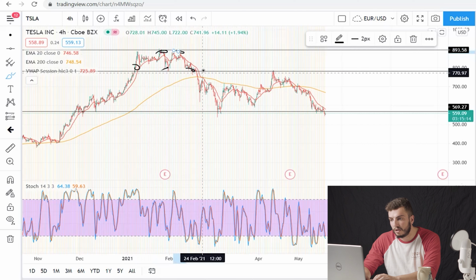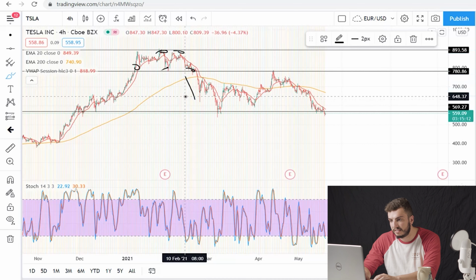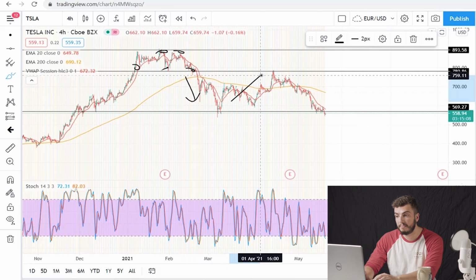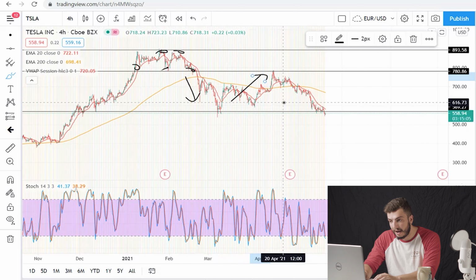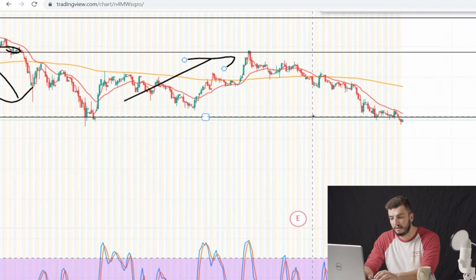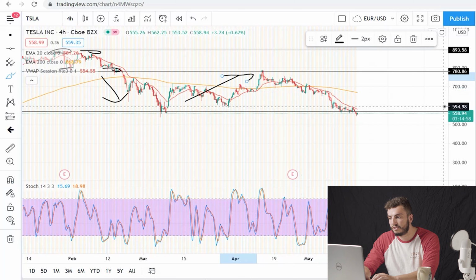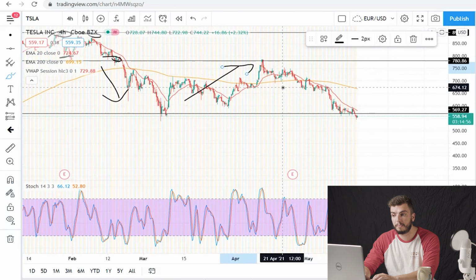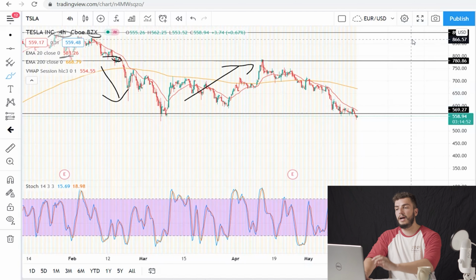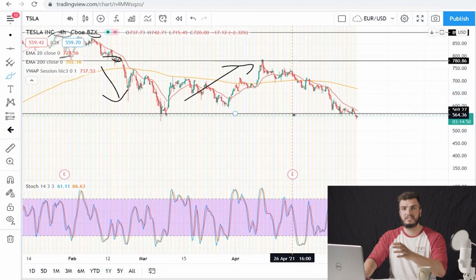Okay, what happened was price actually broke through this area, broke through our support. And then what did it do? It actually came up and it tested this level as a resistance. If you ever see this on a chart where a previous support becomes a new resistance, or a previous resistance becomes a new support, that is a tremendous buy or sell signal.